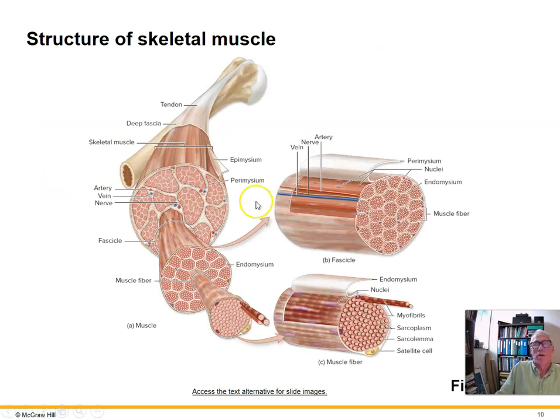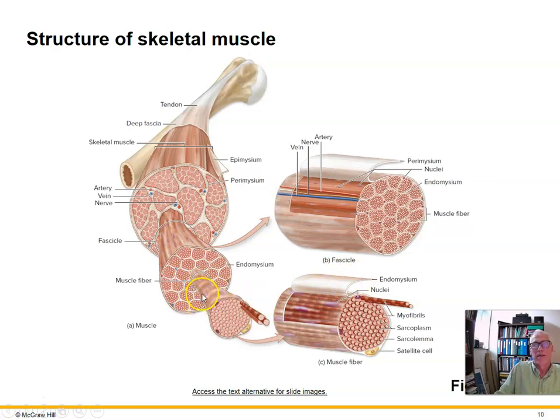So here's a cartoon to illustrate. We have a muscle organ wrapped up by the epimysium here, the connective tissue connected to the tendon. And then we have bundles of muscle cells that comprise that muscle called fascicles. Each fascicle is made up of a number of muscle cells. The fascicle is wrapped up by the perimysium, this connective tissue covering, and each individual cell is wrapped up by the endomysium.